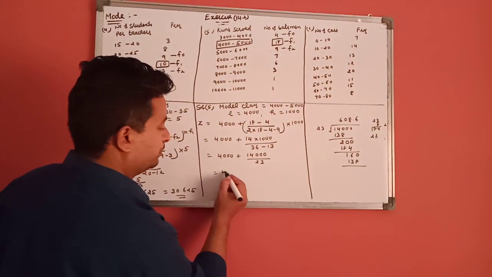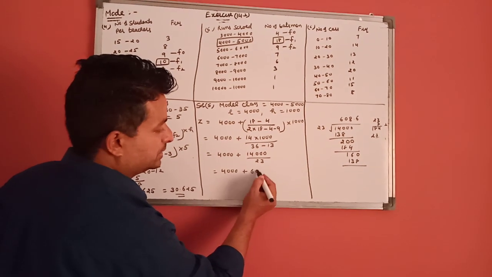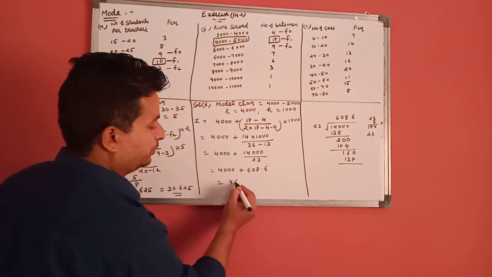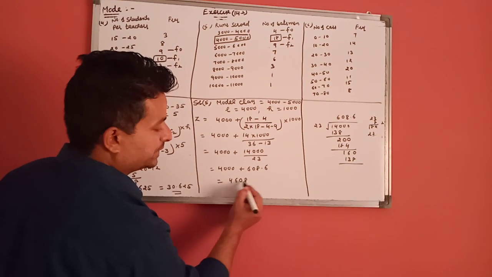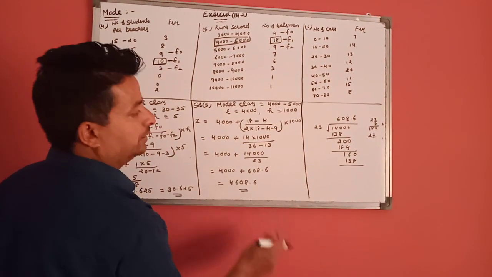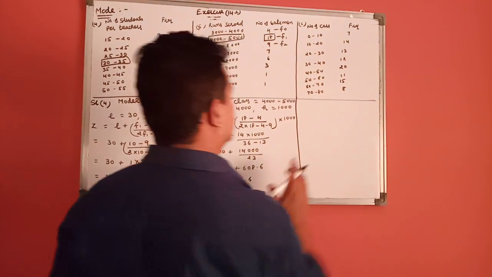So this is 4000 plus 608.6, this is 4608.6. This is the mode of this question.